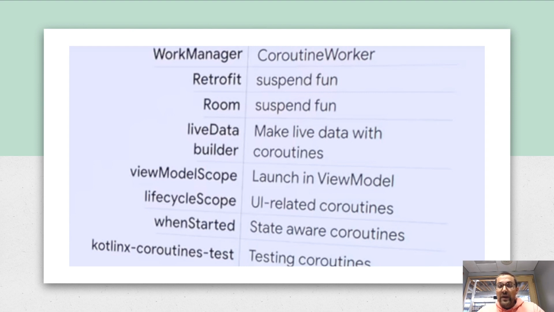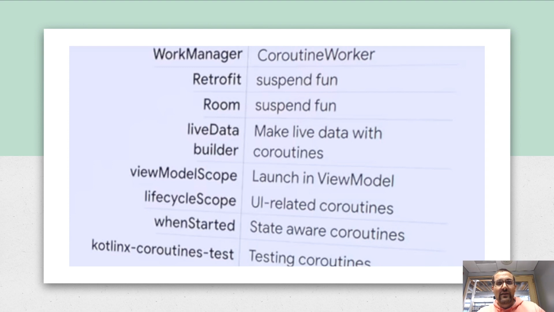So for example, here we have a coroutine worker for Work Manager. We now have support for suspending functions in Retrofit and Room, which allow us to move more and more of our code into this coroutine-based paradigm. We have helpers to make coroutines play well with LiveData. We also have a testing package to help us test our coroutines.